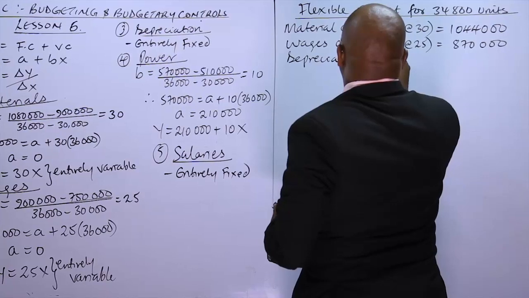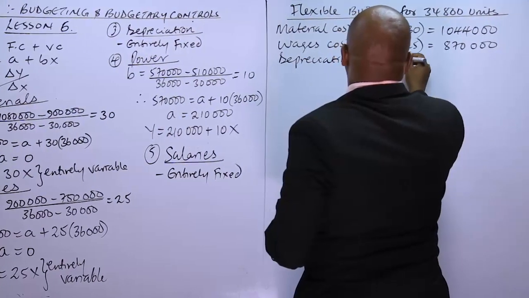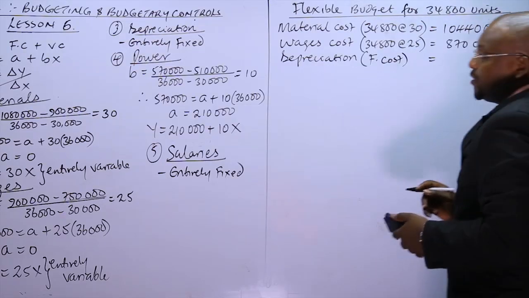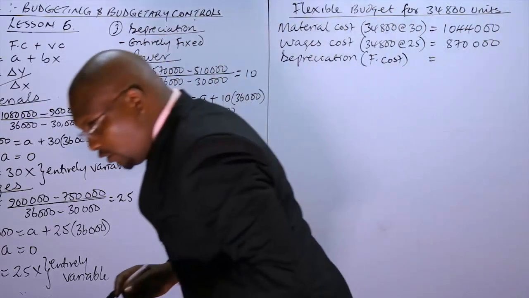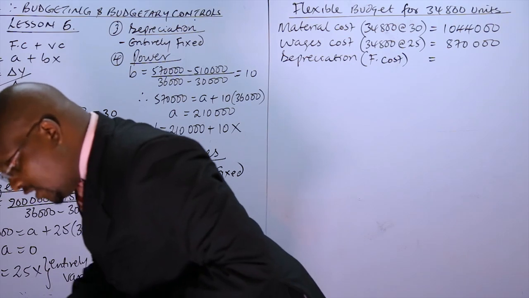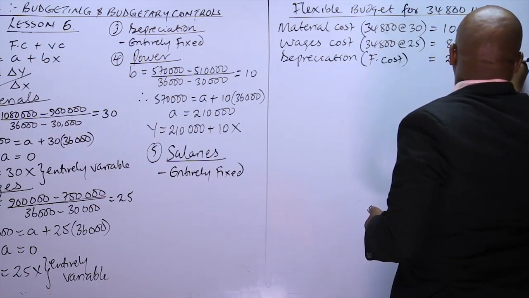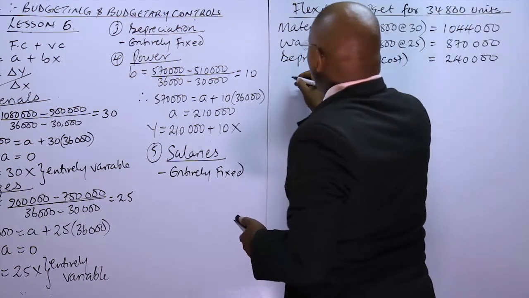Then number 3 is depreciation. Depreciation is a fixed cost. It does not change, it is constant, it does not flex. So the depreciation given there is 240,000, not changing irrespective of the units. Then you have power.